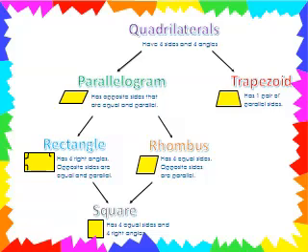And we can say that a rhombus is a parallelogram with 4 equal sides. And now we can say that the square is a rhombus because it has one more feature, which is 4 right angles. And we can say that the square is a rectangle because it has one more feature, which is 4 equal sides.